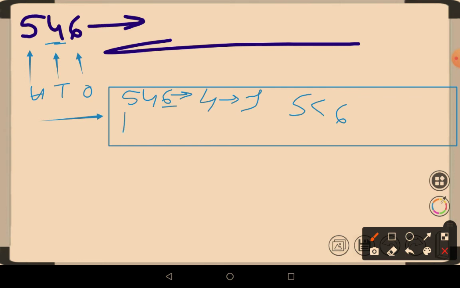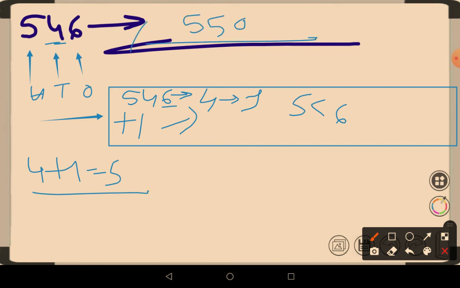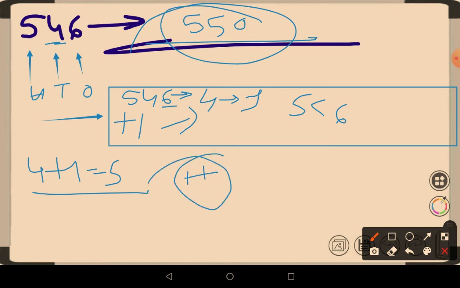So what I will do is add 1 to the 4. 4 plus 1 gives me 5. So what will be my answer? 550. In the hundreds place, there will be no change.